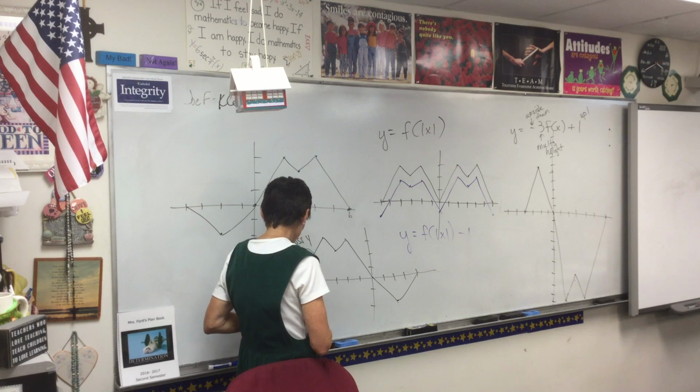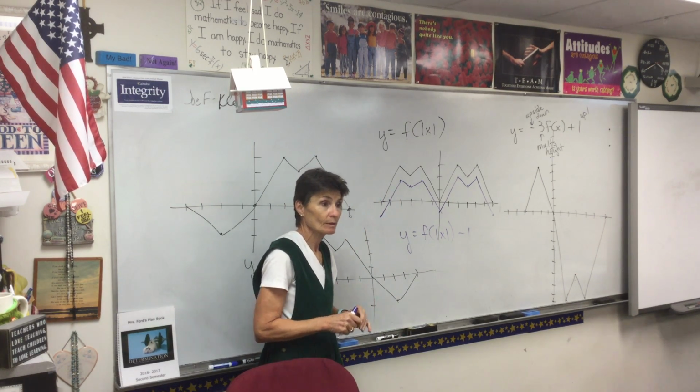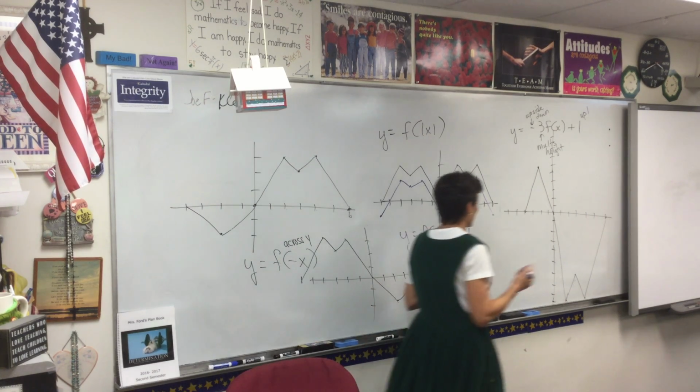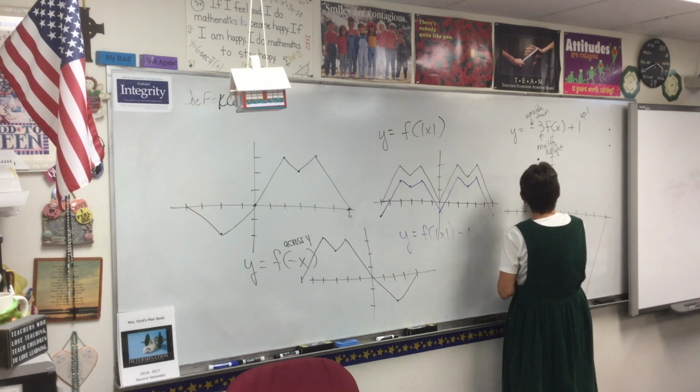Now what? I'm going to get my purple out now. Now what do I need to do? Up 1. So every point is going up just 1. So I'll move everything up 1.